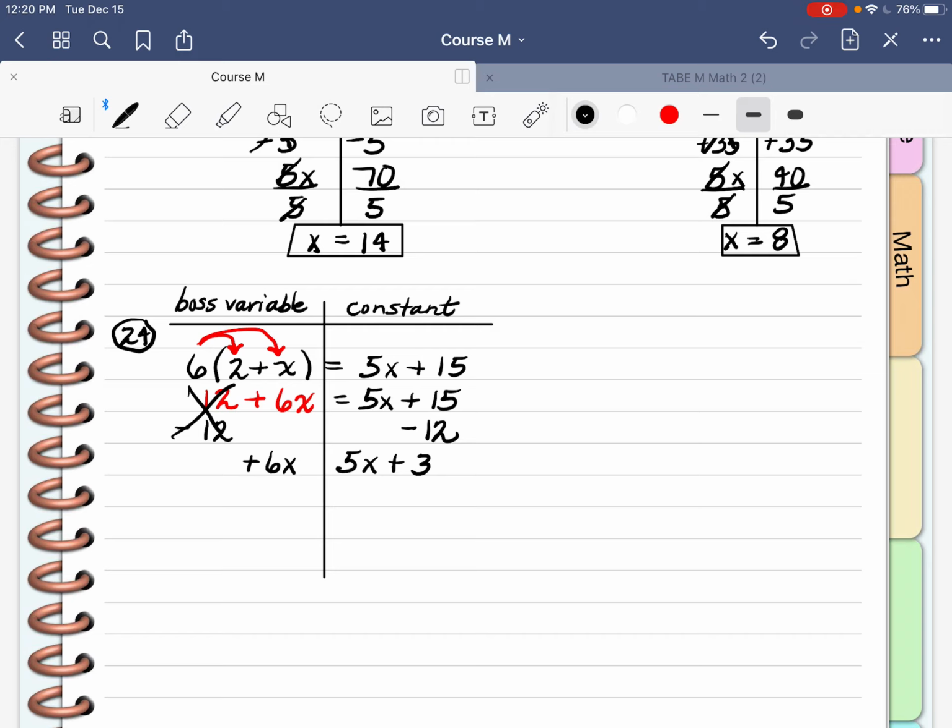And then I'm going to move the 5x, cancel, copy, divide by the coefficient 1. So x is 3 for number 24.